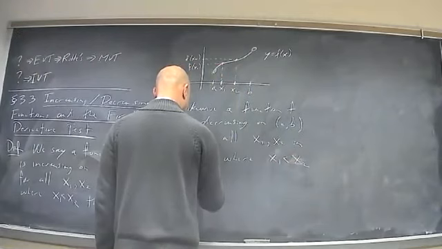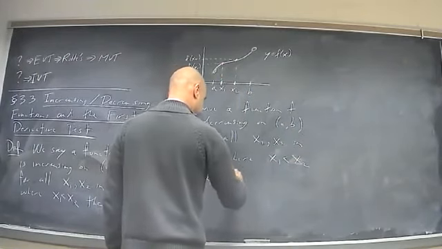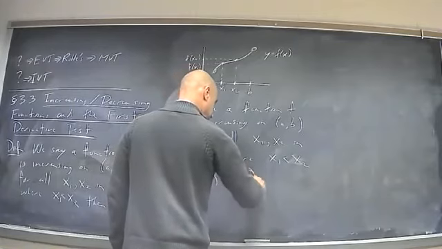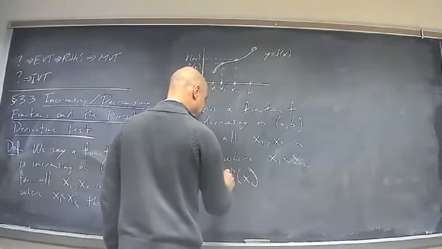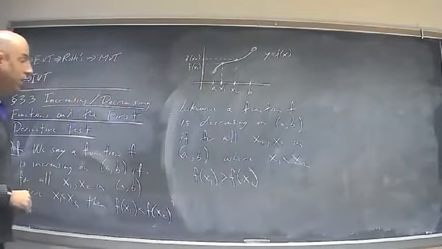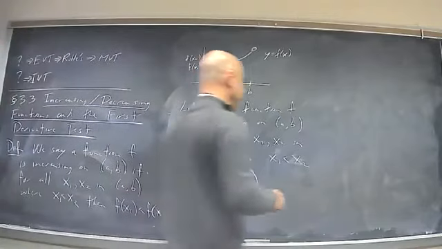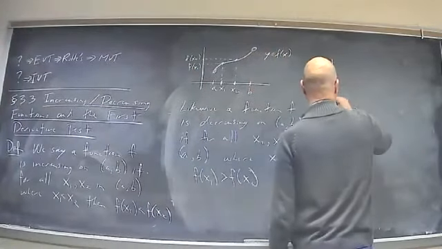This time, f of x2 is going to be the lower of the two. F of x1 will be the higher of the two. So this time it goes down to the right.